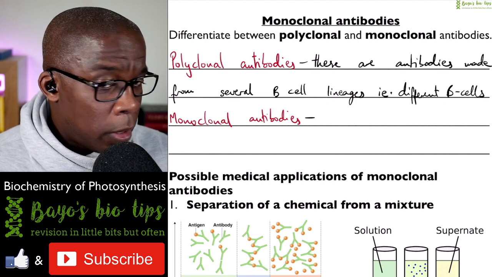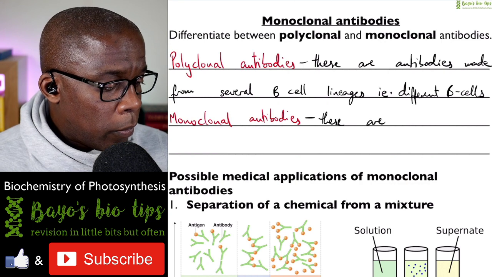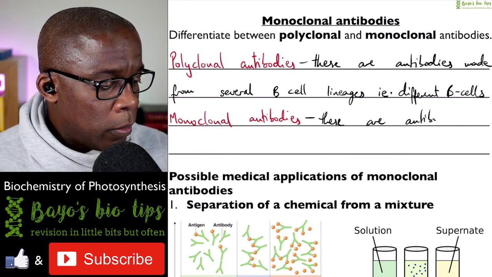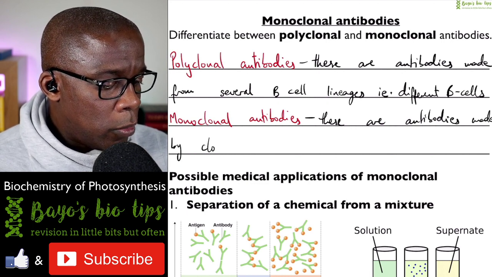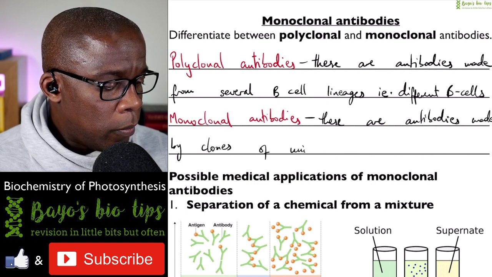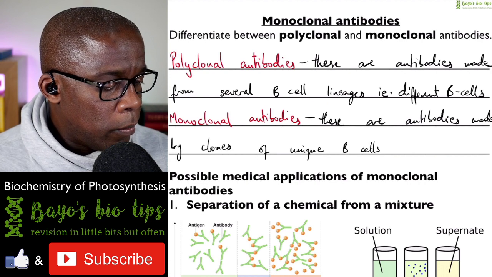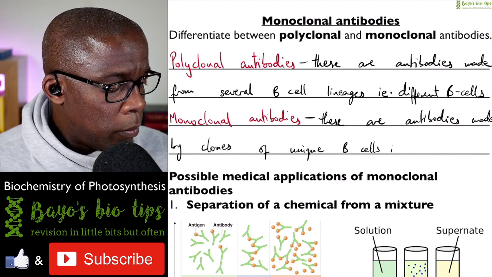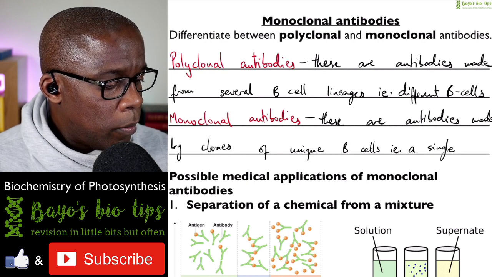Monoclonal antibodies, on the other hand, these are antibodies made by clones of unique B cells. Basically, a single B cell.